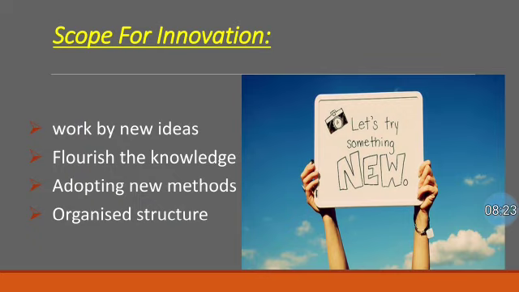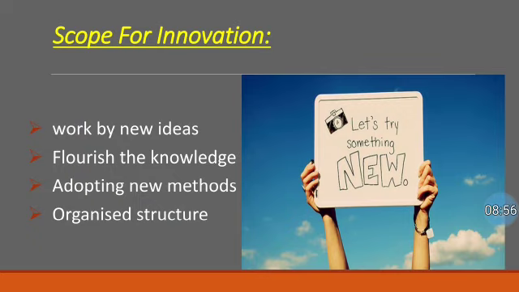Due to such freedom, even managers are getting a number of ideas and are able to develop talent and flourish their own knowledge. As a result, management becomes ready to adopt new methods, new technology, and due to innovative ideas, ready to change themselves as per the need of the time. All this is possible due to the well organized structure of the organization.